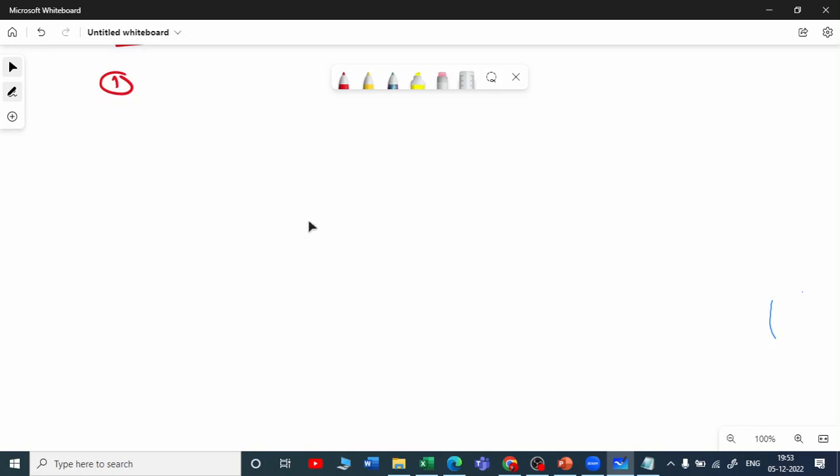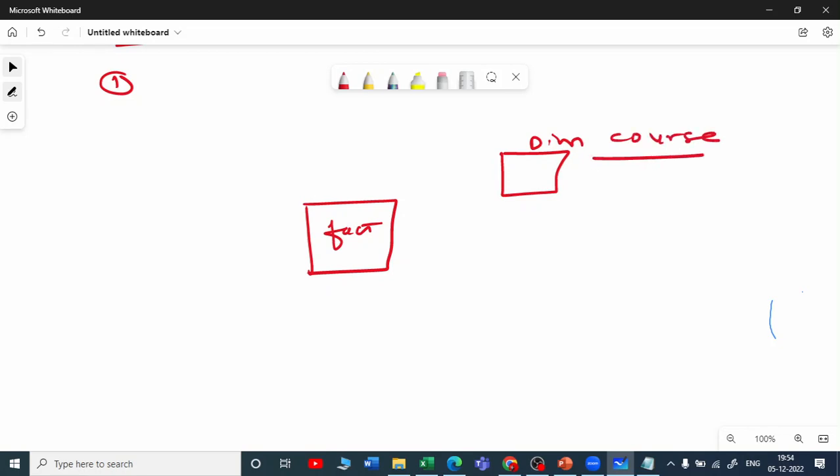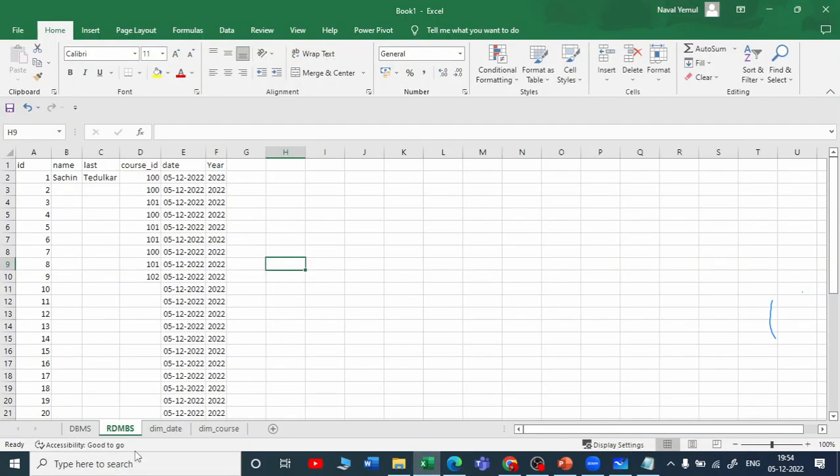So here you have one fact table and here you have one dimension table. This is regarding the course table. Now let us see the columns which are inside this. So this is called as a fact table.